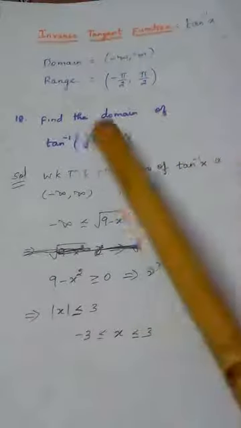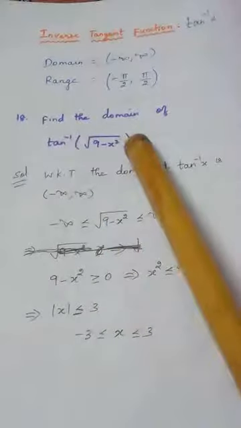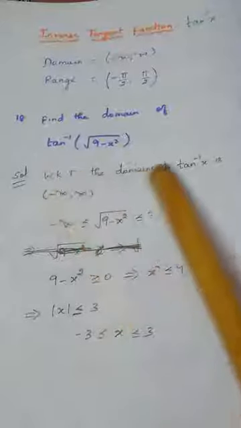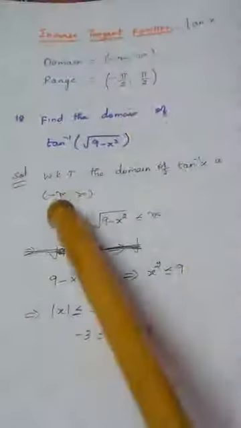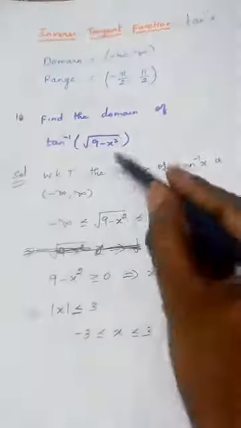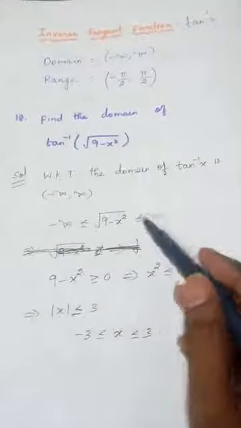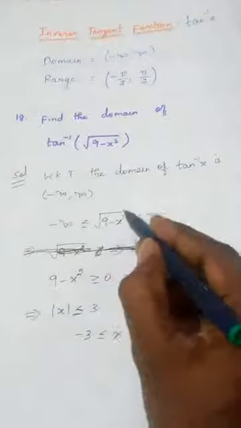Now we will see some problems. Find the domain of tan inverse of root of 9 minus x square. Just now we have seen, we know that the domain of tan inverse x is minus infinity to plus infinity. Therefore this function should lie between minus infinity to plus infinity. And we know very well this is square root.